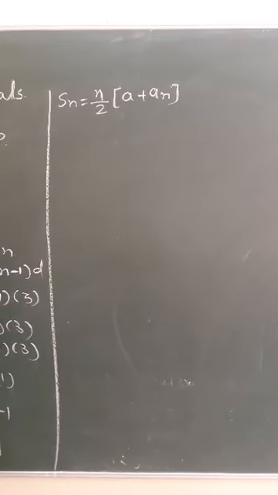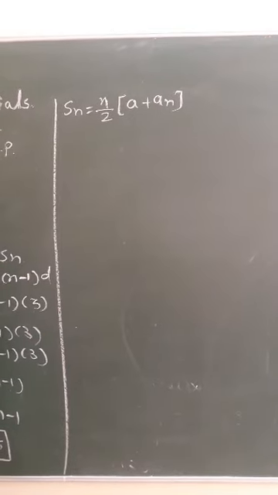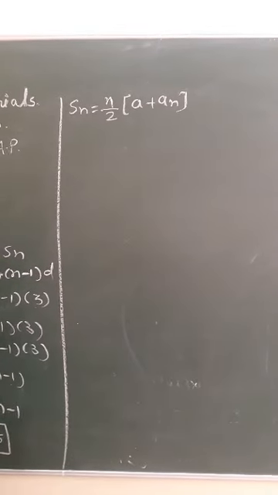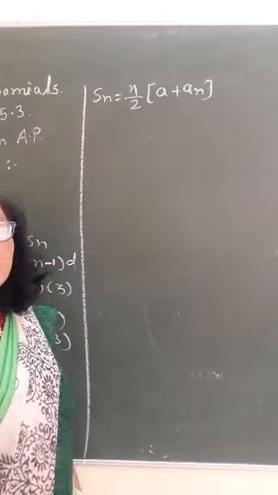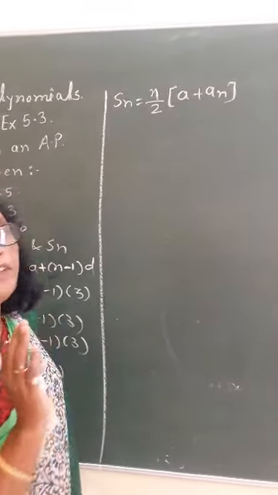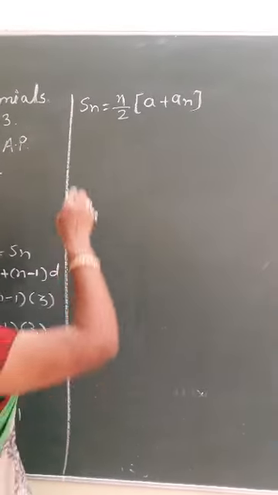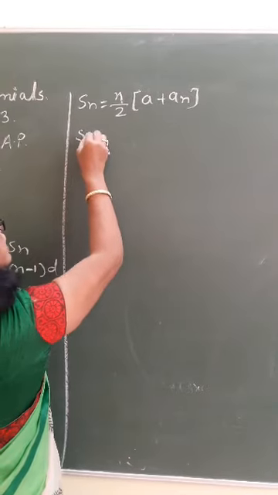We have to find Sn also. Now there are two formulas for Sn. Sn is equal to n by 2 in the bracket 2a plus n minus 1 into d. We can use that formula also, but here we will directly use the other because we have the value of an, and we got n as 16.